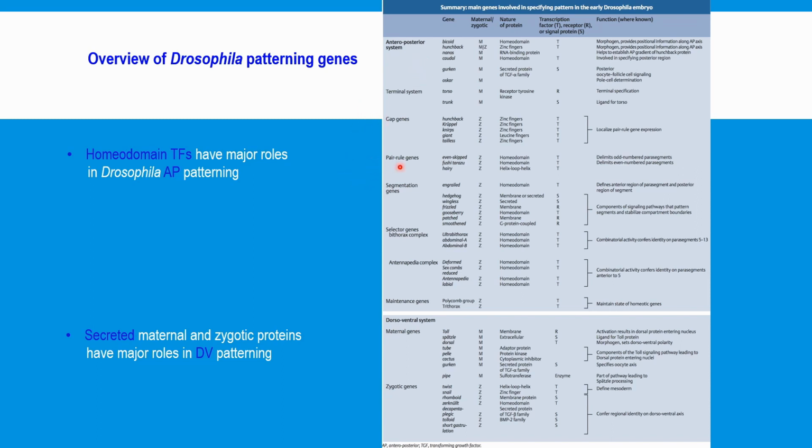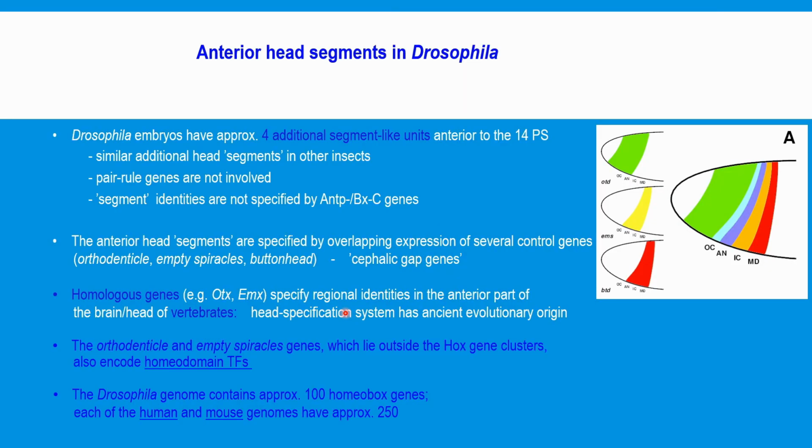We talked about some of the pair rule genes and the segmentation genes, and then we got down to the selector genes, setting up the final pattern, and that's a lot, you know. And then we also talked about the genes involved in dorsoventral patterning. So we have gone deep enough in a way, right, without starting to look at this new round of transcription factors and their targets. And we're almost finished.